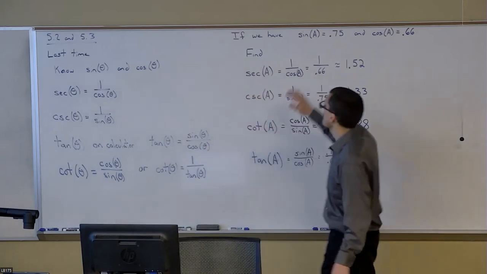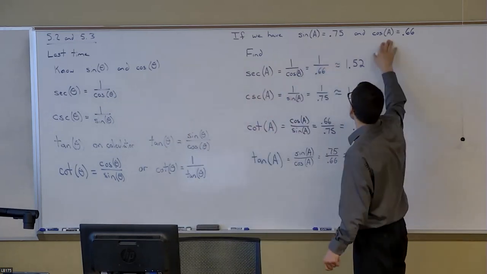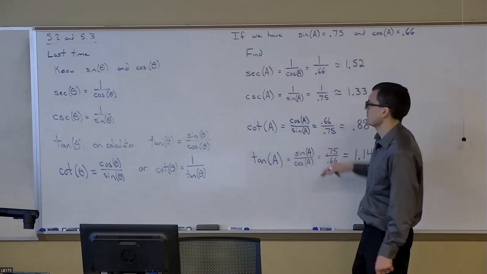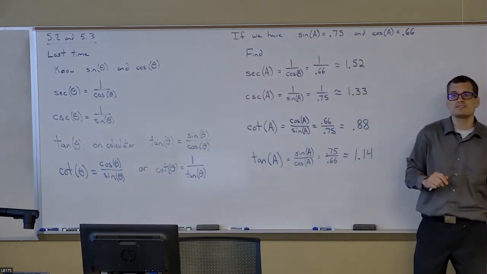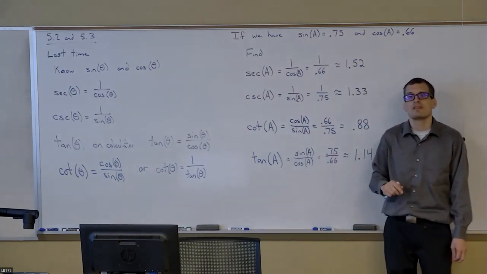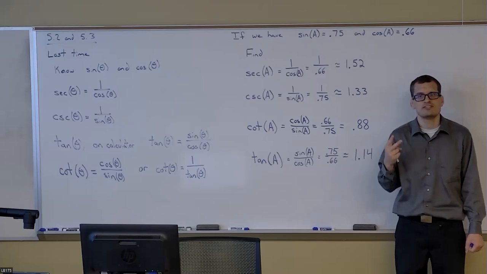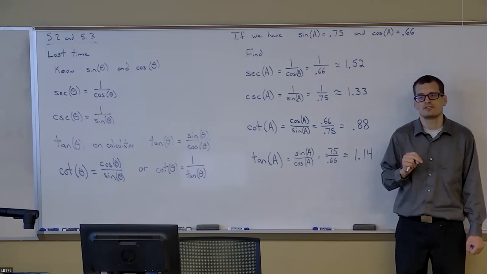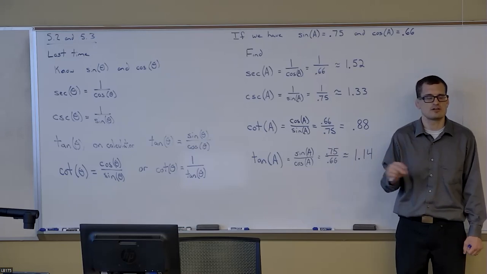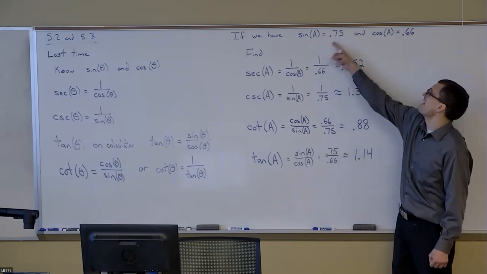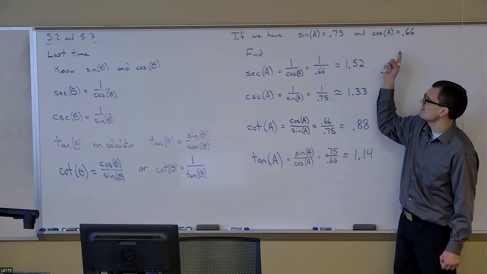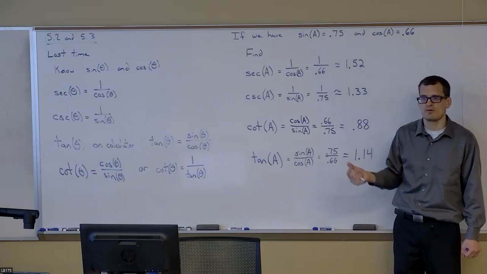Now, if you have sine and cosine, we can make these other ones work. But it turns out, if I have almost any two others, there is one exception. You don't want tangent and cotangent. But if you have, for instance, sine and secant, you can make it work.